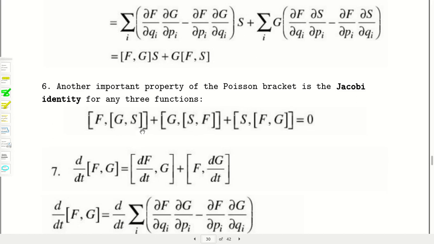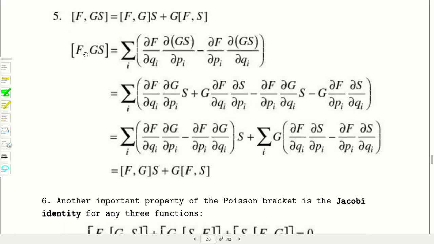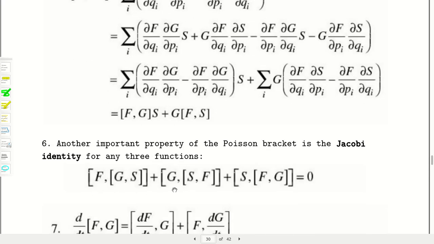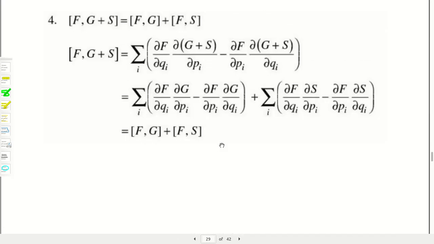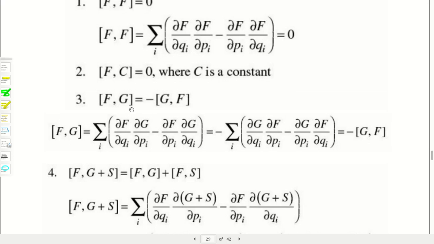First break down this gs and then use this formula {f, gs} on each of the terms. For the first Poisson bracket, second Poisson bracket, and third Poisson bracket, it will generate 4 terms each, but the Poisson bracket is antisymmetric, that is {f, g} is equal to minus {g, f}.